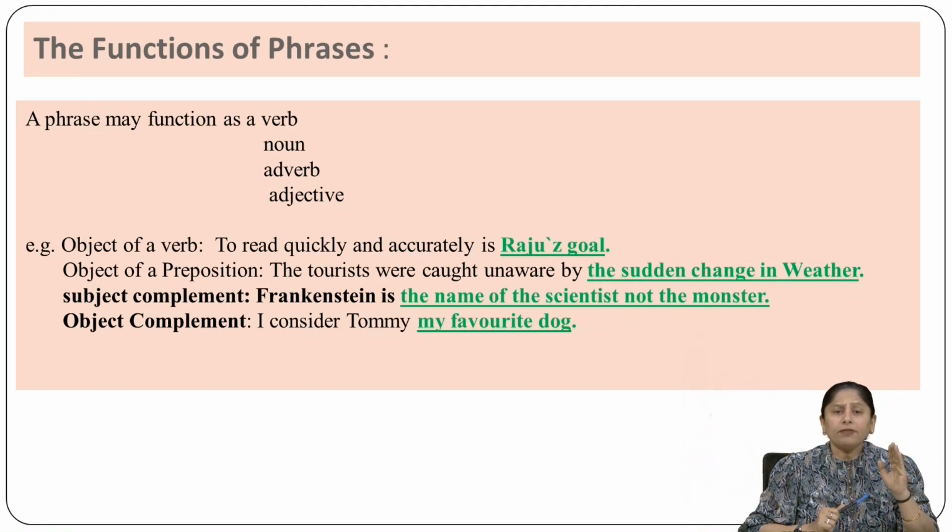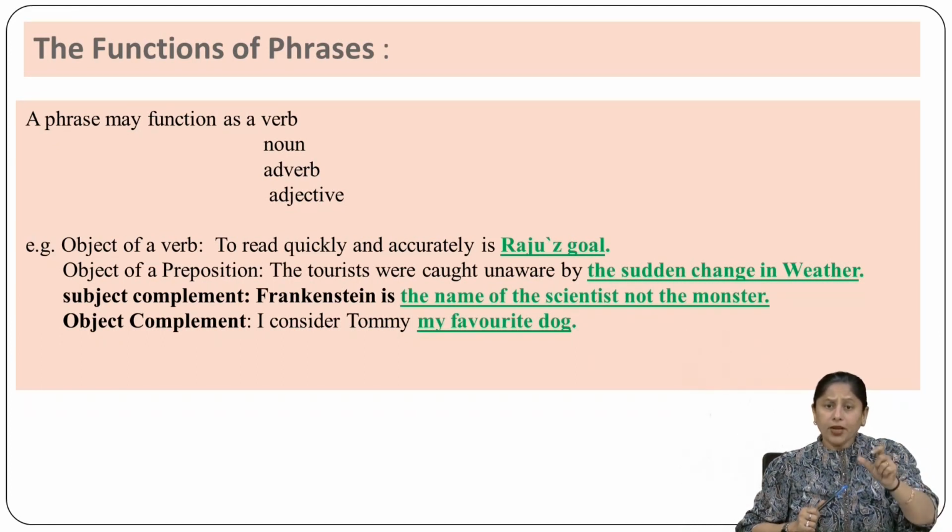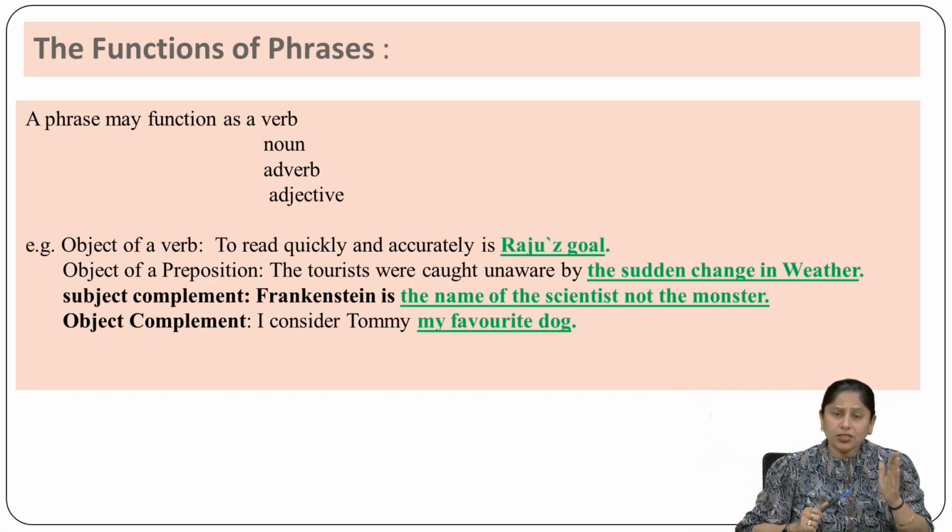Here the phrase plays the role of the object of the verb. To read quickly and accurately is Raju's goal. So Raju's goal becomes the whole phrase over here, and the particular phrase could be taken as an object because it plays the role of the object of the verb.